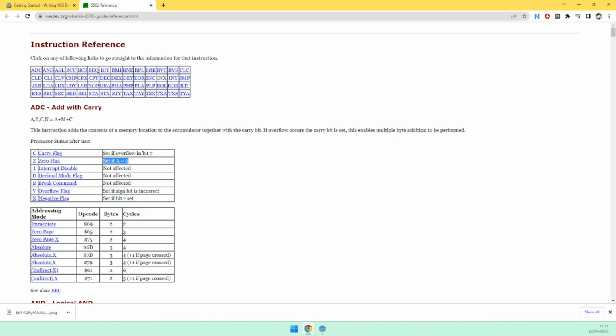Zero is set if accumulator is 0. Overflow flag is set if sign bit is incorrect. What does that mean? Negative flag set if the 7th bit is negative. So overflow on bit 7.